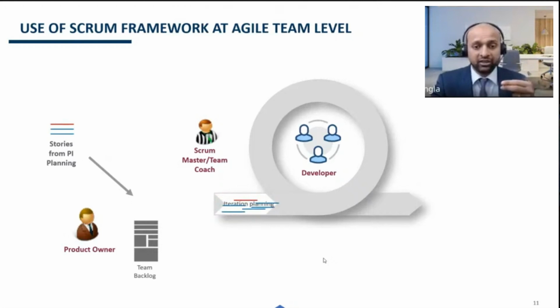During the iteration planning event, the first step is to determine the capacity of the entire agile team. Capacity is basically how many days within the sprint each of the developers within the team will be working. So that is the capacity determination.